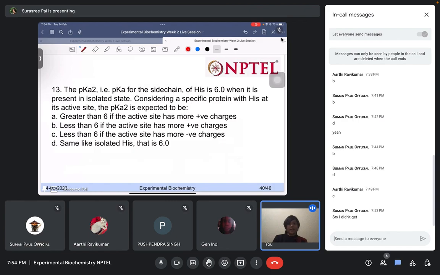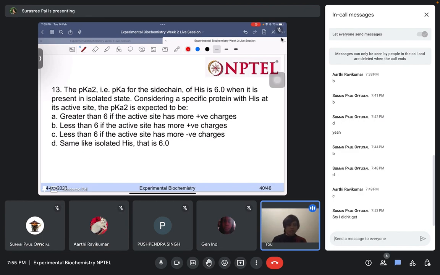So for example, in the active site, suppose there are positively charged amino acids around histidine. What is the charge on histidine? Histidine is also a basic amino acid, so it is also positively charged, for example.